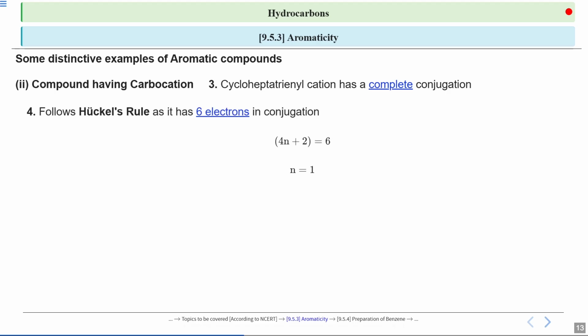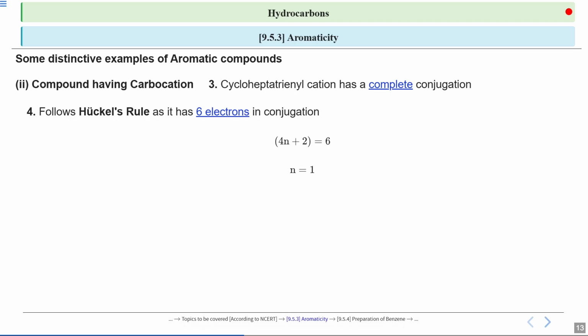Now looking at the fourth criterion, the fourth one is Huckel's rule. Huckel's rule, we know, states that your system should contain 4n plus 2 pi electrons in the conjugation, where n is a whole number. In this case, the cycloheptatrienyl cation has 6 electrons in its conjugated system.